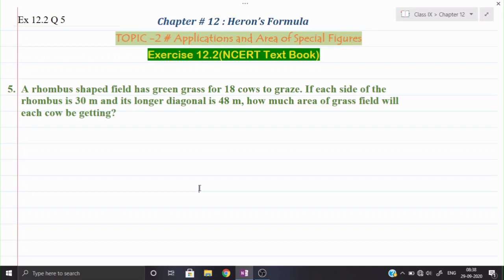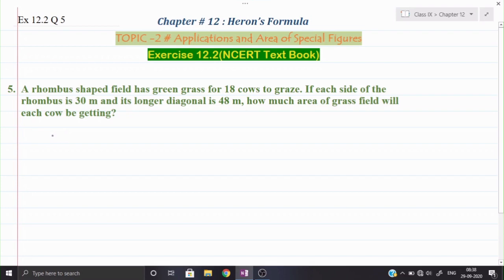So here we shall try to calculate the area of rhombus by another method. Some formulas I am giving you which are the regular formulas to calculate the area of rhombus, and then we can find out the required solution. So first in the solution I am writing some of the formulas.